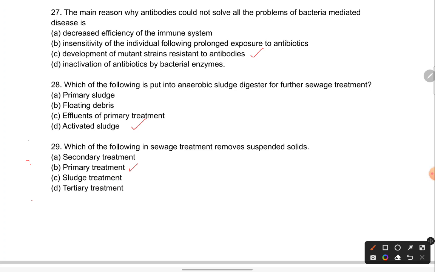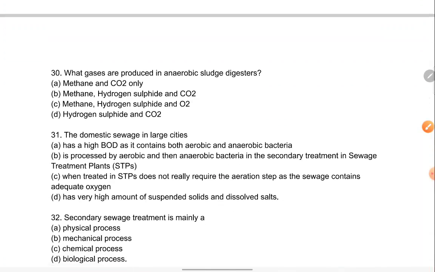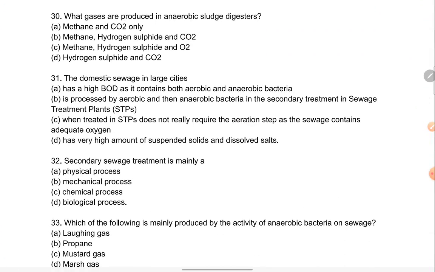The sludge treatment is the treatment of that waste itself. And in the tertiary treatment, what are we doing? We are killing the aerobic bacteria. So the actual removal of suspended solids takes place during the first step, that is primary treatment. So the correct option is primary treatment. Okay. Now move on to the 30th question.